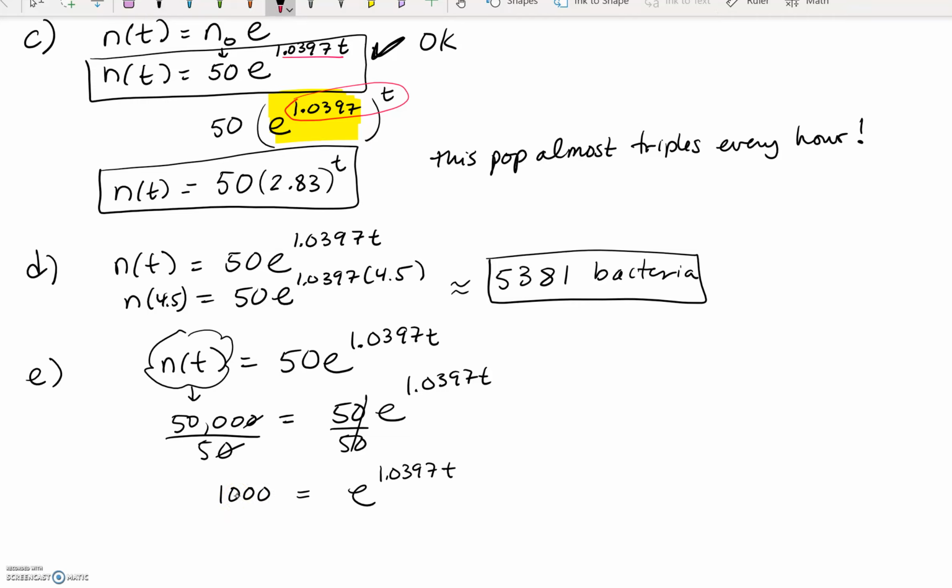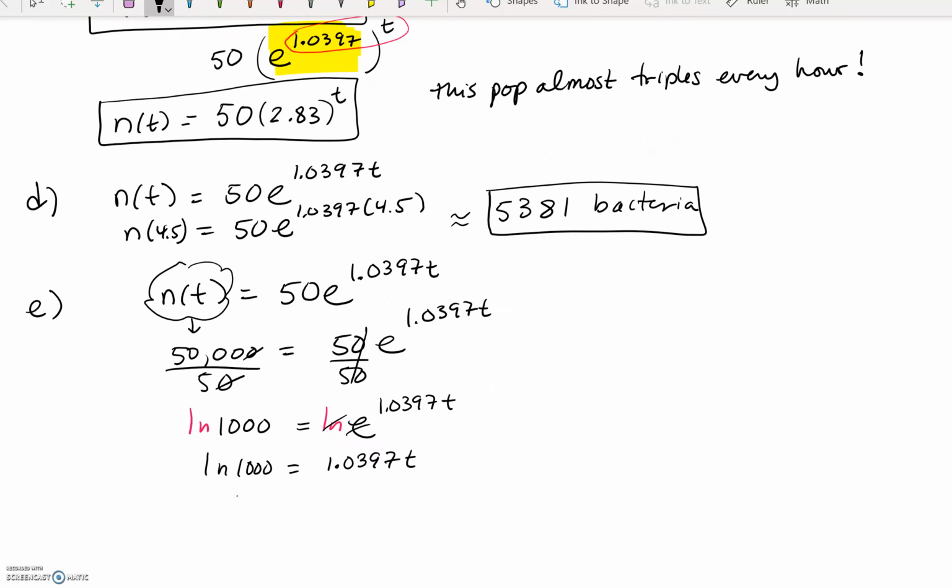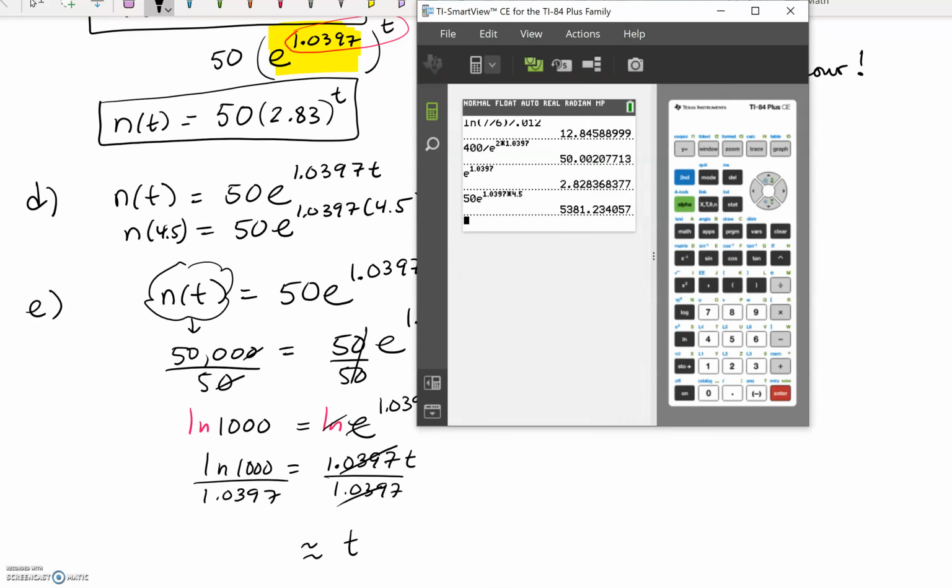If I take ln of both sides, I have ln of 1,000 equals 1.0397t. So I'll divide both sides by 1.0397, and we're going to figure out how many hours later there were 50,000 bacteria.